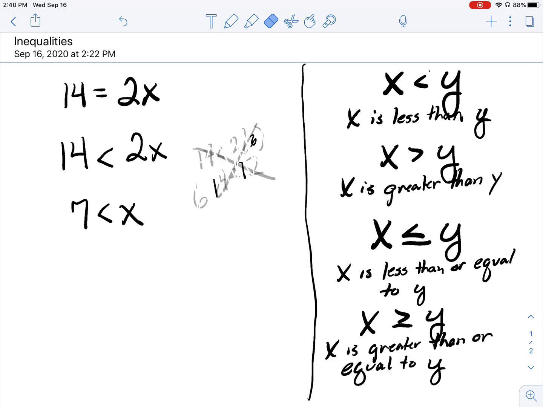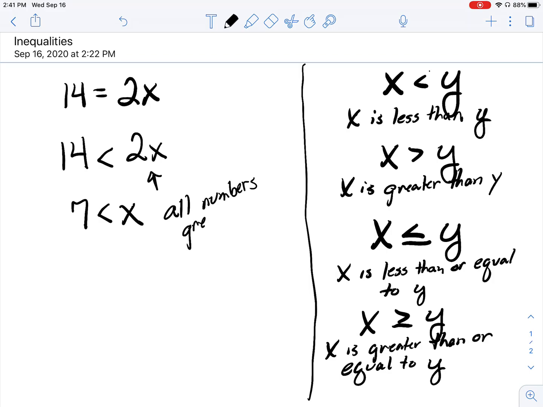So basically our answer to this particular inequality is going to be all numbers greater than 7. The math is the same.